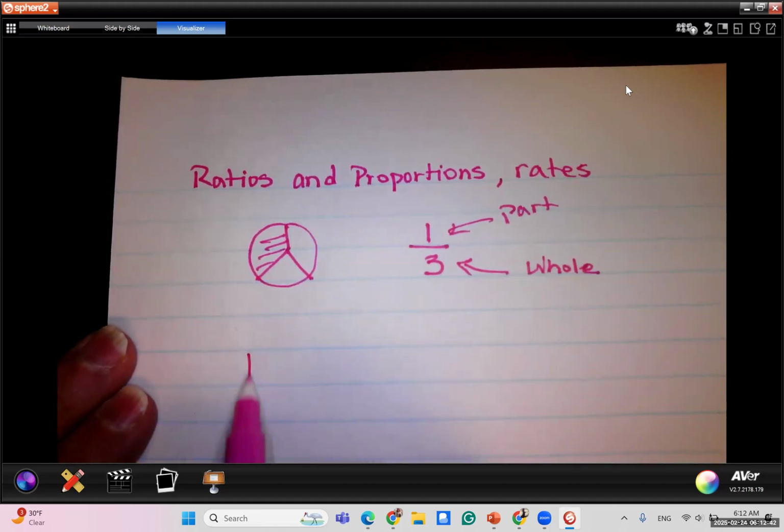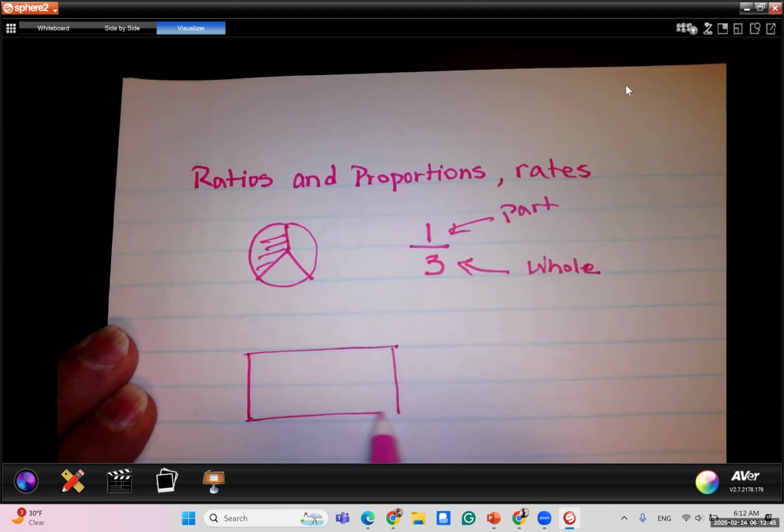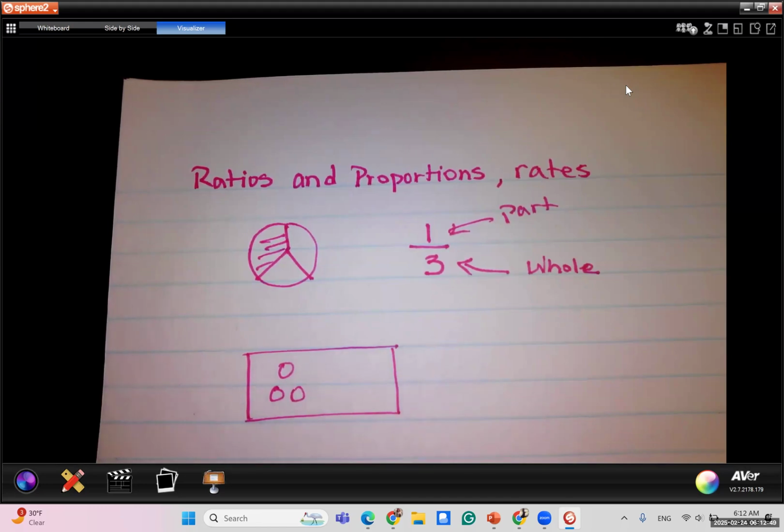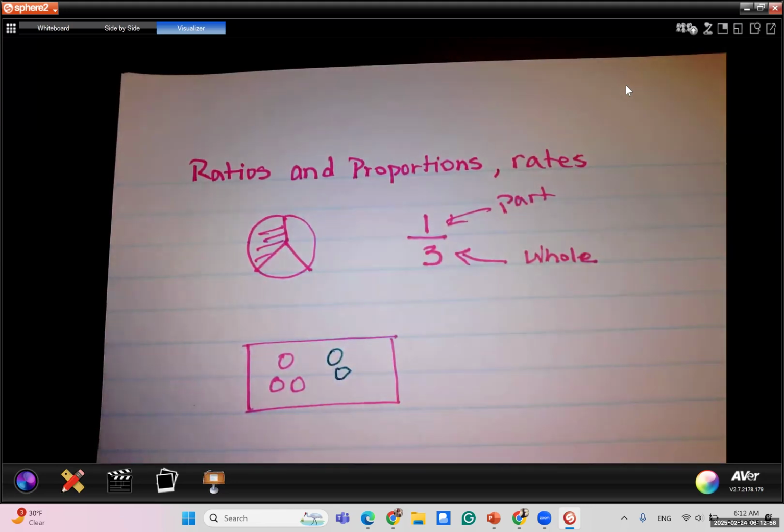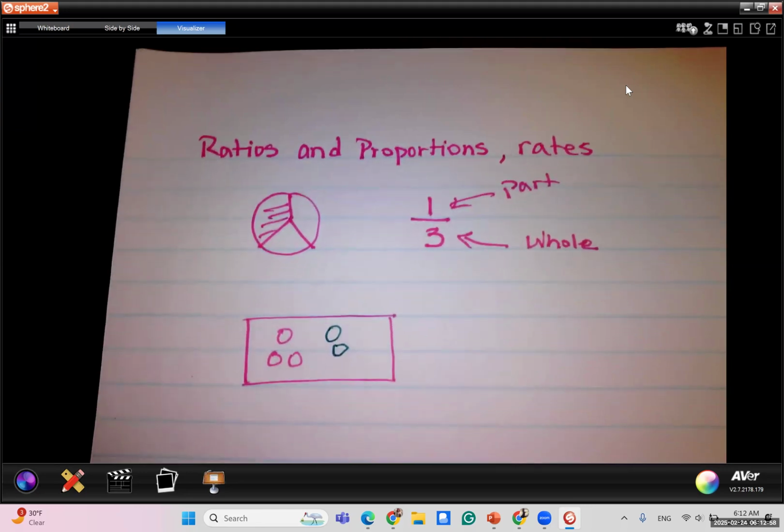For example, let's say you had a box, and in the box you had 3 pink marbles, and you had 2 blue or green, whichever color it shows up on your screen.